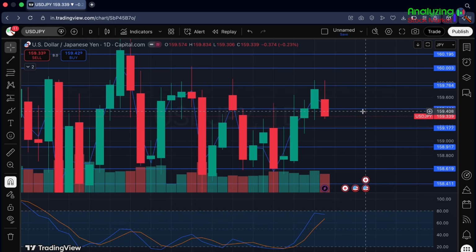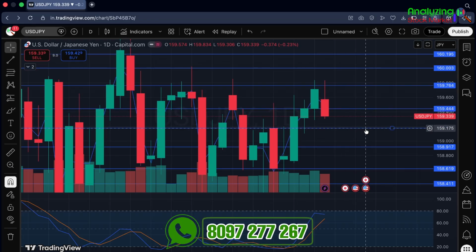So now let's talk about my opinion on the USD JPY pair for this week. According to previous week momentum, I'm expecting a negative closing but in a no trading zone, which is in this range, 159.177 to 159.444. I'm expecting a negative closing in this range. What are your expectations? Do let me know.